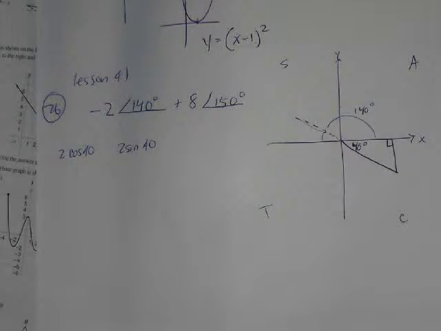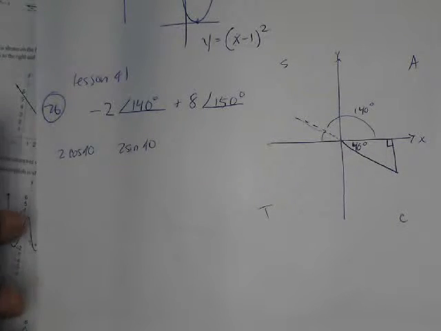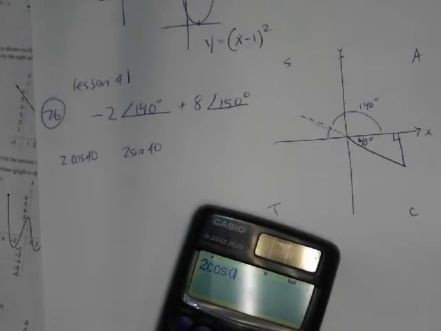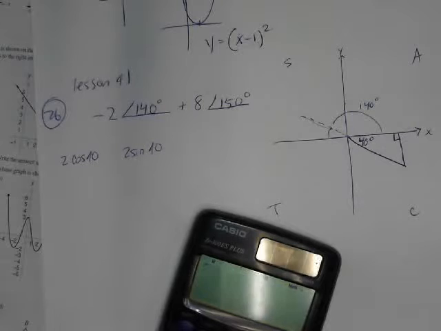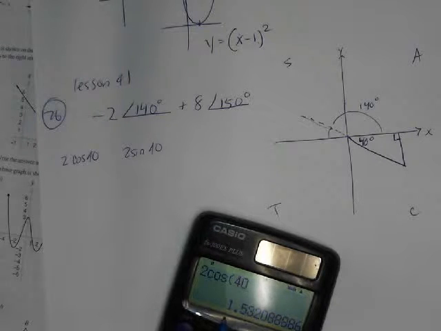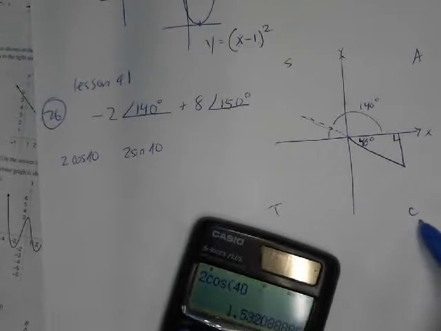I know that some of you already know how to do this with just your calculator, but I'm going to rely on what quadrant it's in to tell me what's positive and negative. So I'm just going to go 2 cosine of 40, and that's equal to 1.532. I noticed your book likes to round to 4 decimal places, so cosine would be positive here.